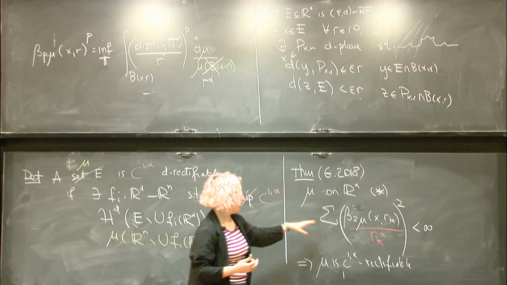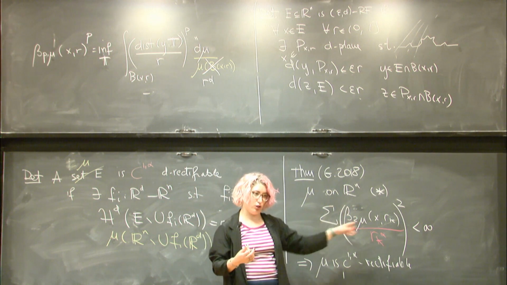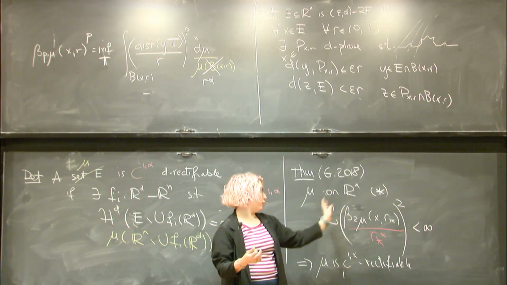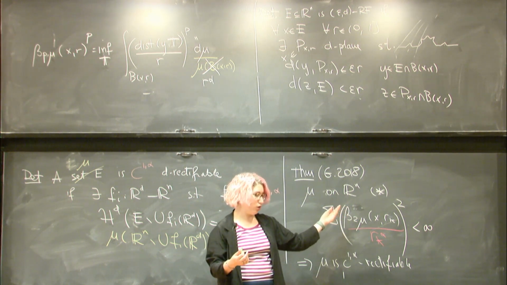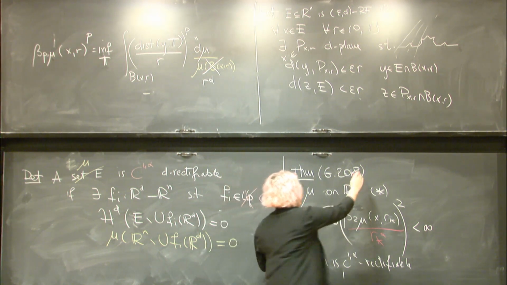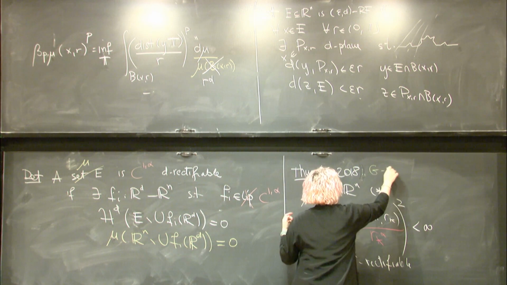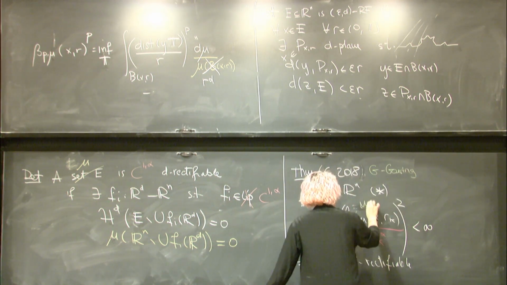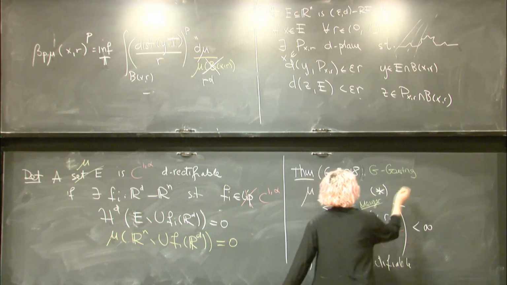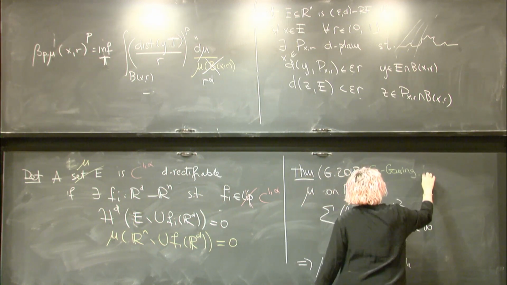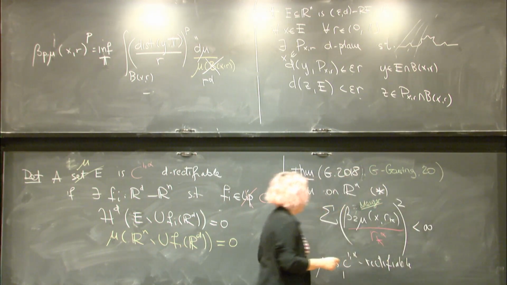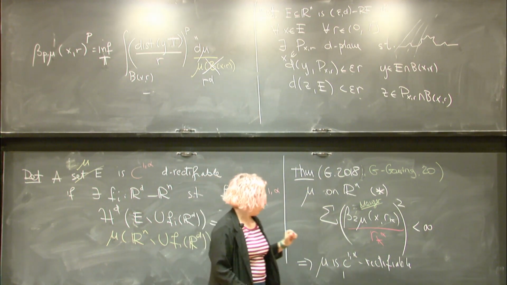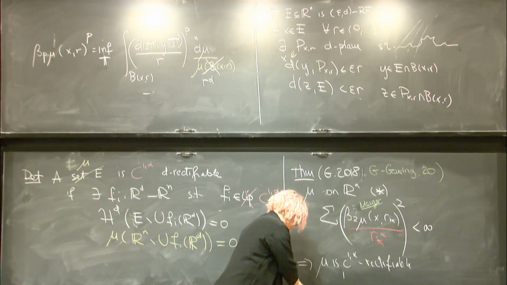So if you don't like beta numbers, you can replace this condition with Menger curvature and obtain the same result. This is joint work with Max Goering. Just to mention this.